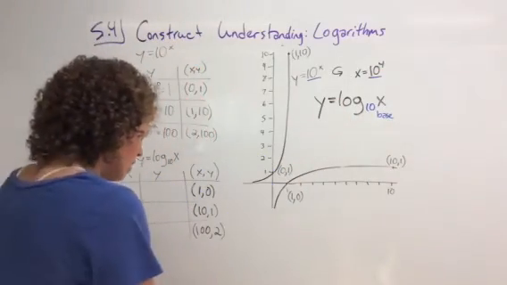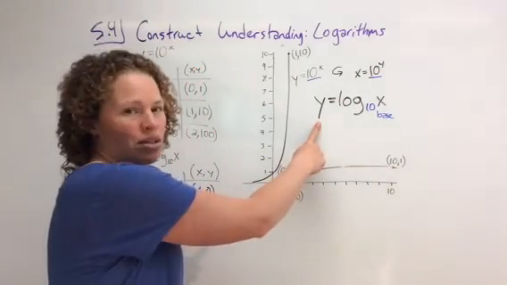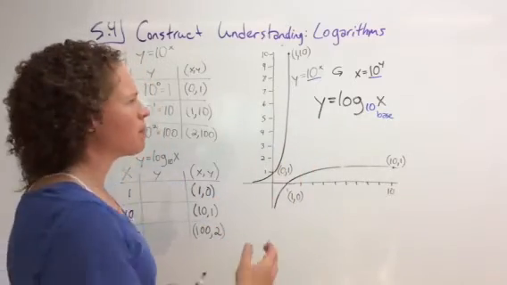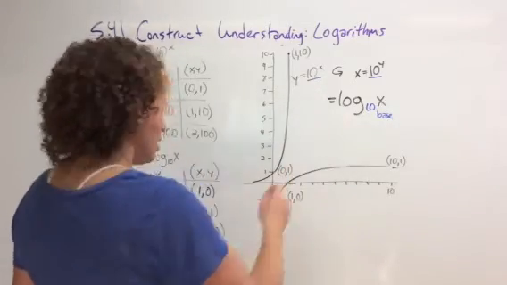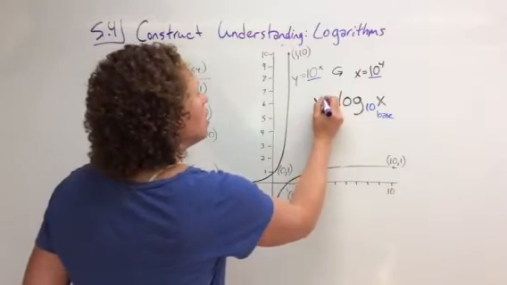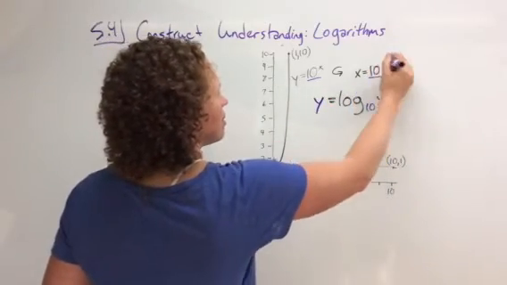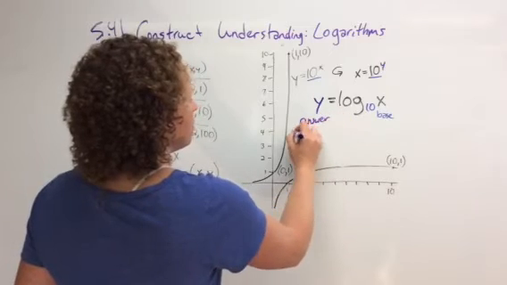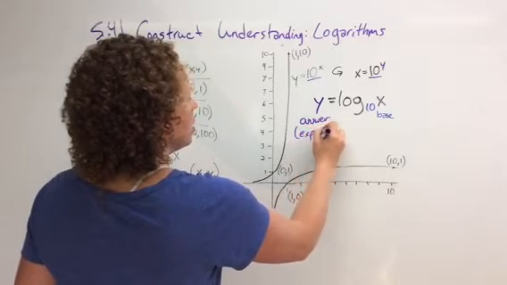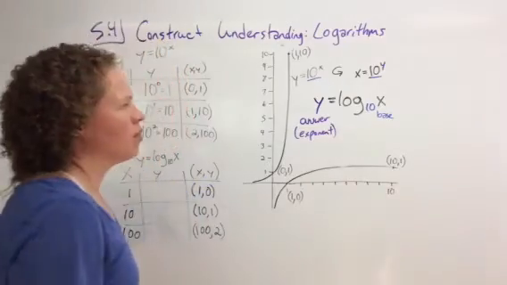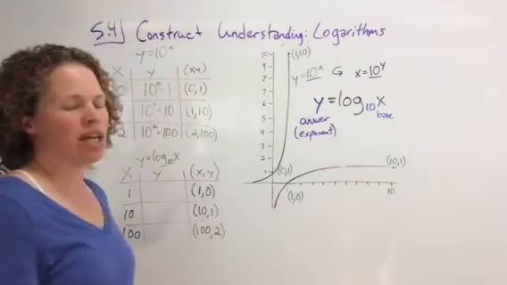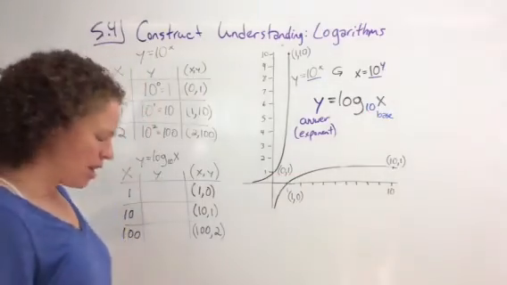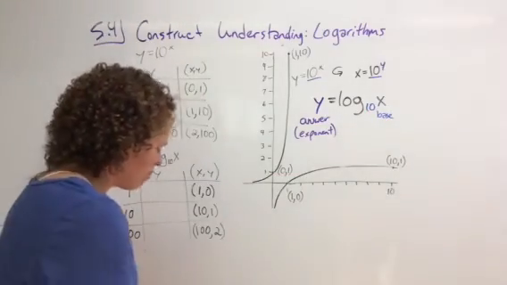But what I want to know, what I'm trying to find using the logarithm, the answer that I'm trying to find is actually the exponent. So when I have an answer, this is the answer. I'm trying to find the exponent. So what power did I have to raise 10 to get the x value that I have been given?